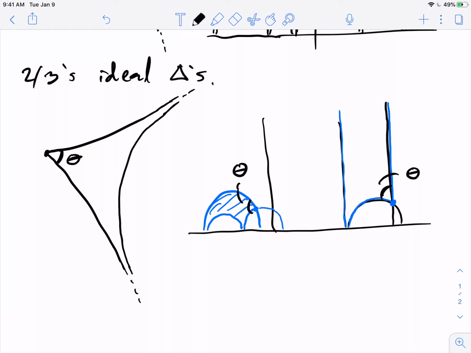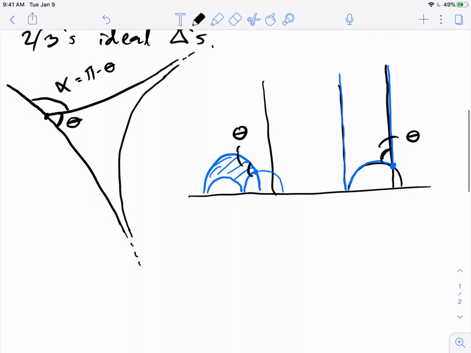Now it turns out, for some technical reasons, which we'll see later, that this interior angle theta is not what's most useful to talk about. It's actually more useful to talk about the exterior angle. And so if I extend this geodesic segment, I have this other angle alpha, which of course is just pi minus theta. That's the interesting one.